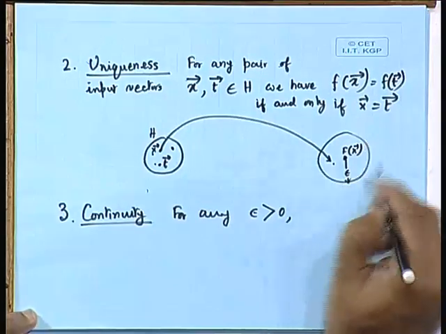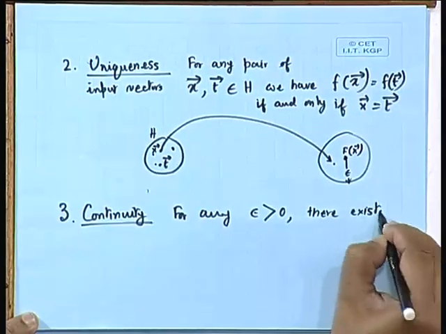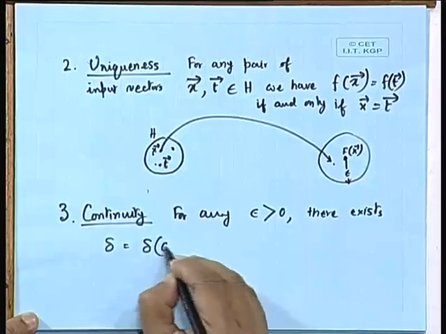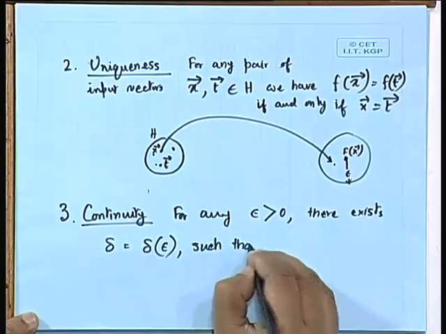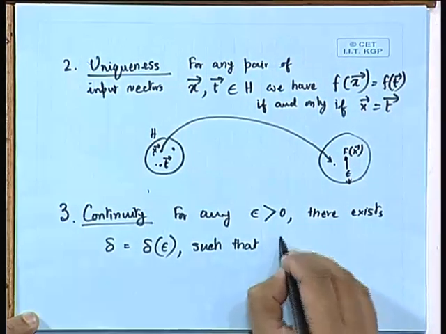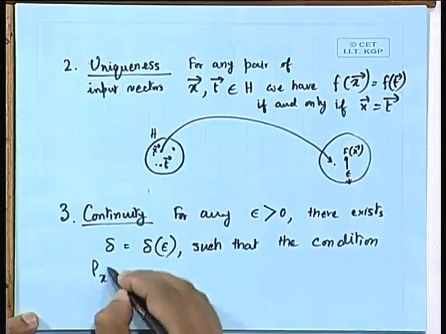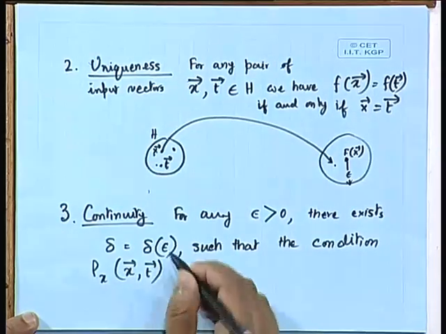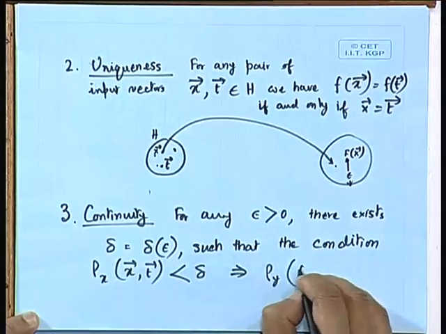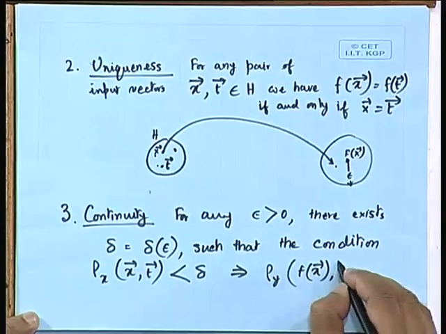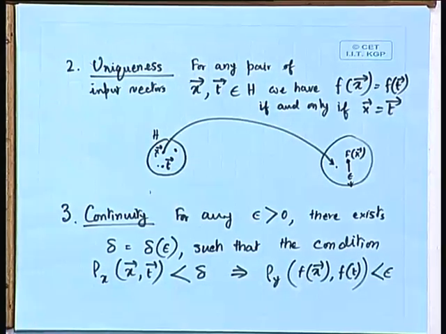Now, if for any such epsilon greater than 0 there exists a mapping function delta equal to delta of epsilon, such that, I am going to explain it after I write it down, the condition rho x comma t is less than delta implies rho y, f x comma f t, is less than epsilon.